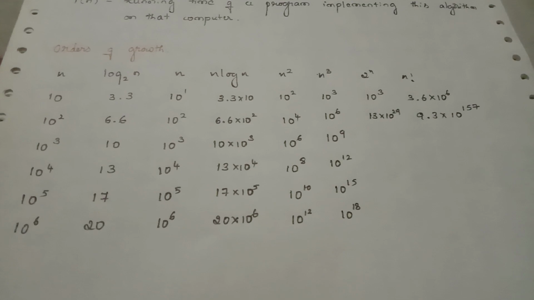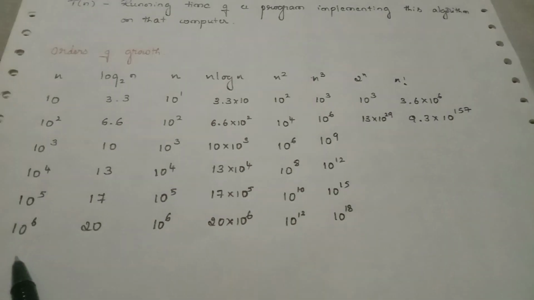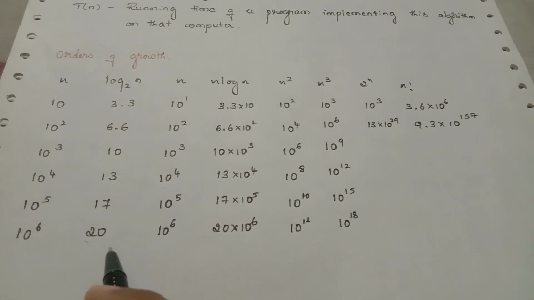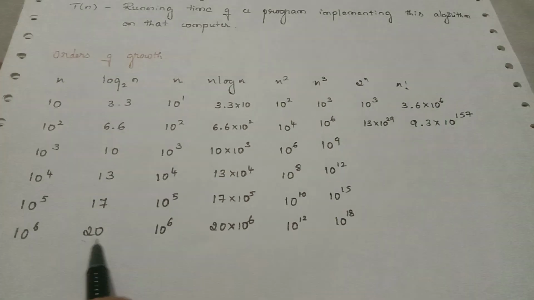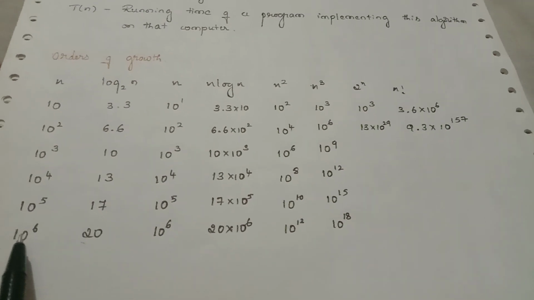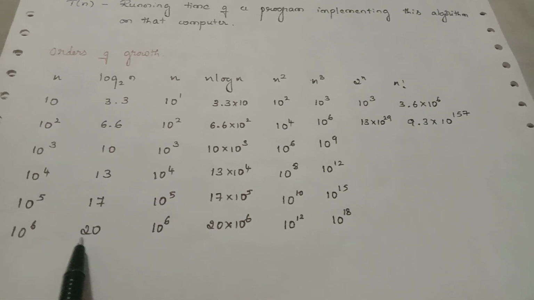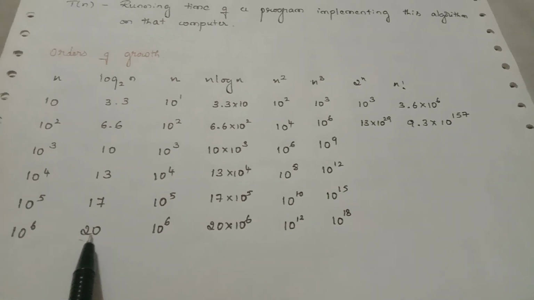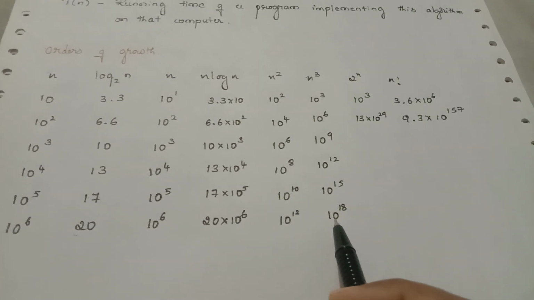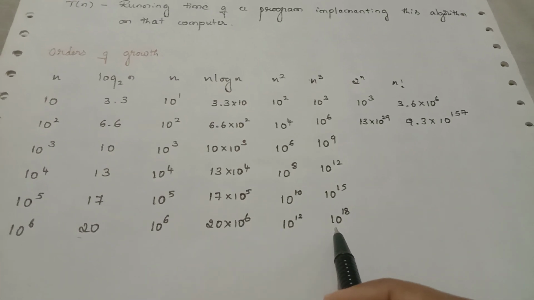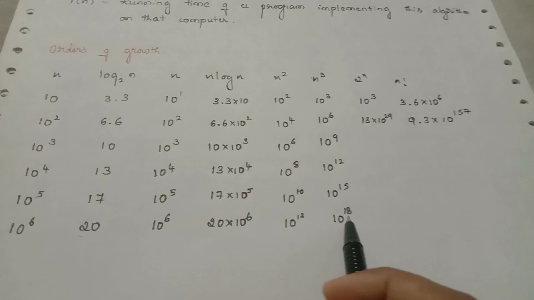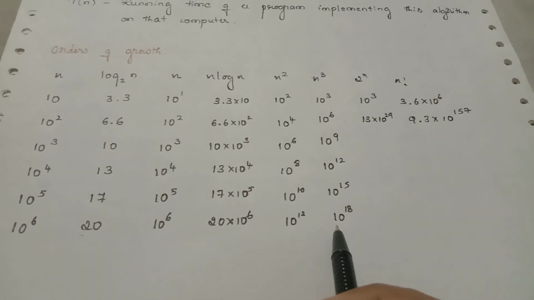If it is 10^6, it is only 20. This indicates that even if the input size is 10^6, its running time will be only 20. Again, if the running time is n^3, it is 10^18. You can see the difference here.